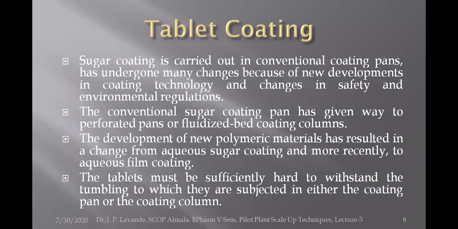So if the hardness is not sufficient, then such tablets may be subject to friability, or they may get broken down. So again, this is the concern. Hardness is the most important one.